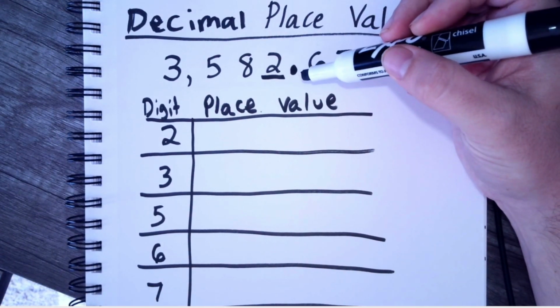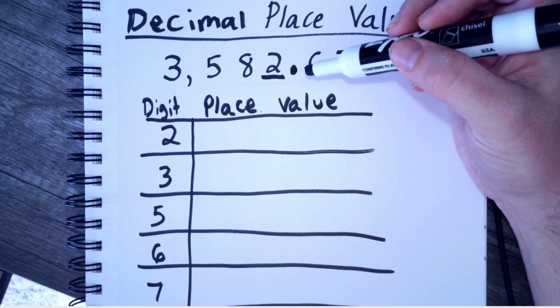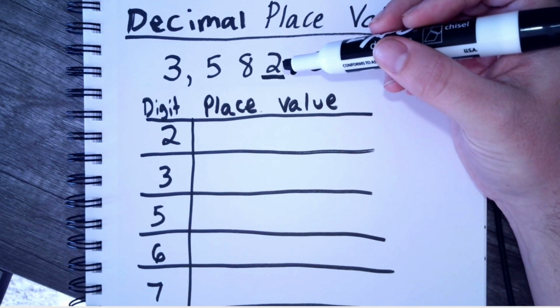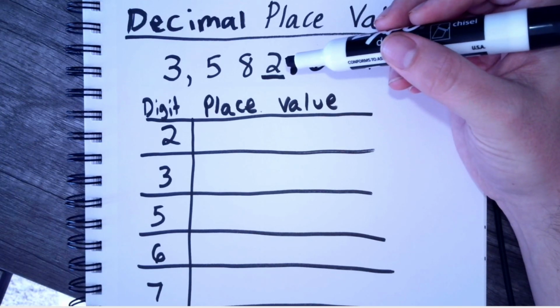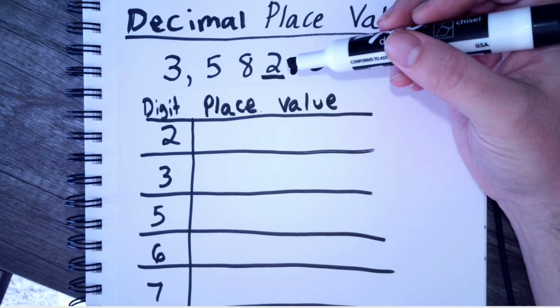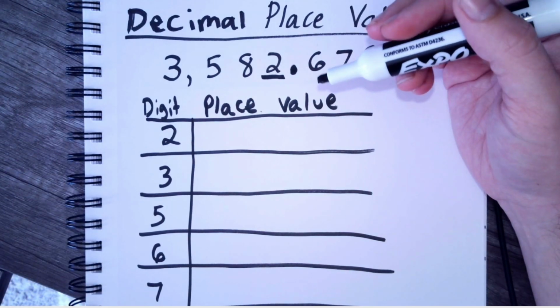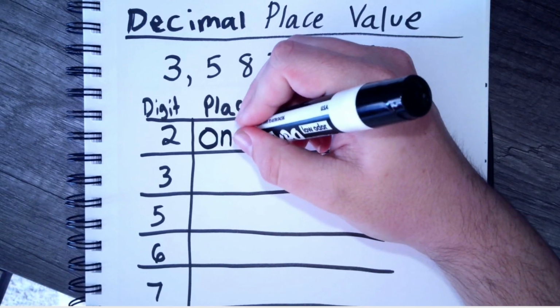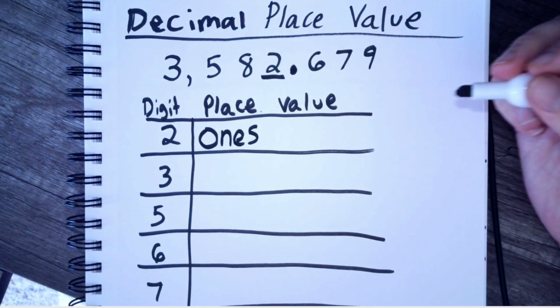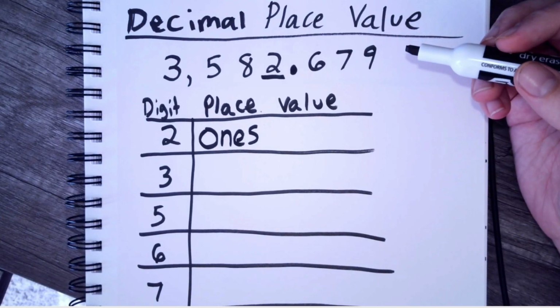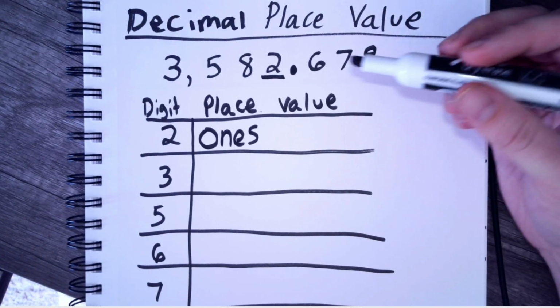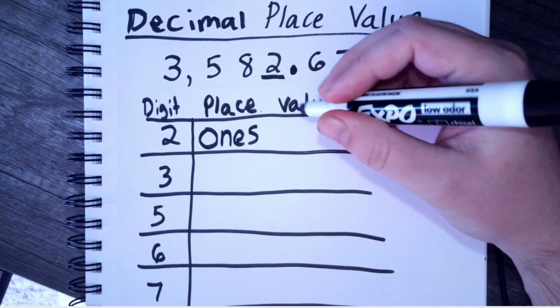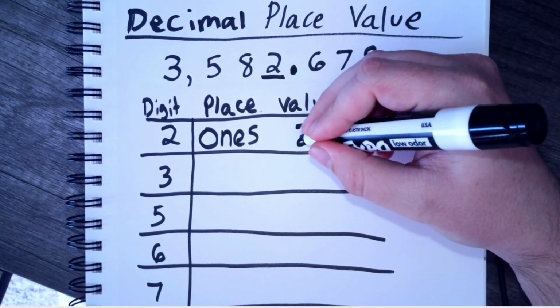So I see my decimal, I look right to the left, and there's my 2. That is the first place value spot of the whole numbers, the ones place. And the value would be, well, how many ones do I have? I have 2. 2 ones would be the same as just 2.